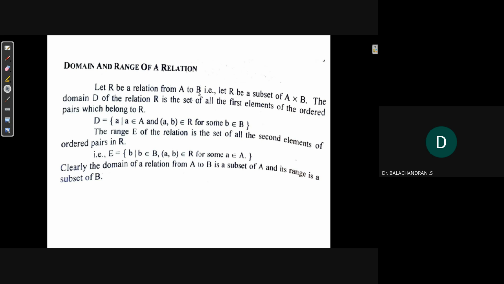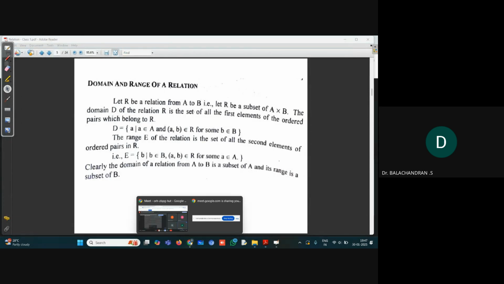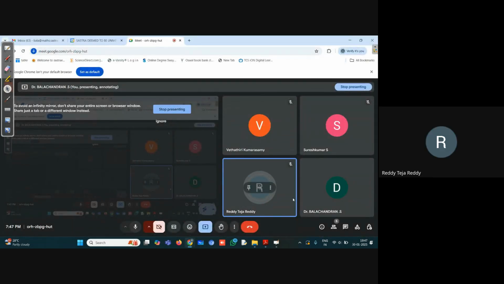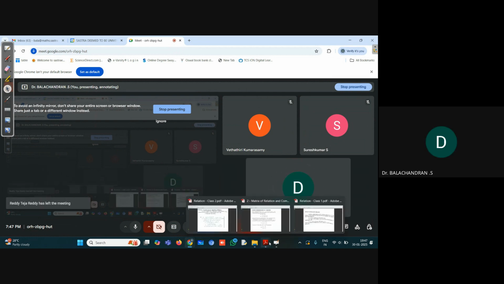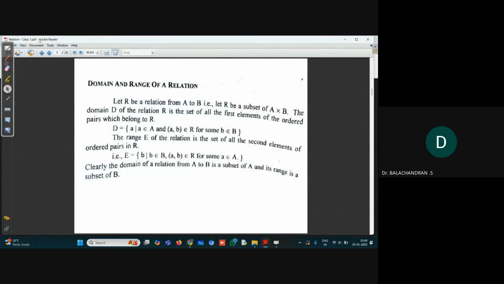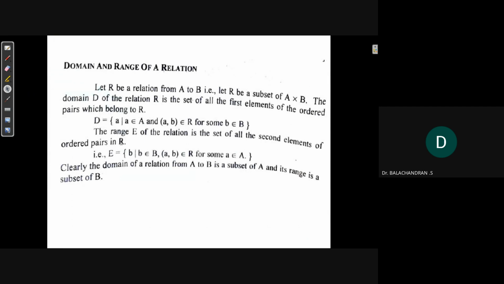Let R be a relation from A to B. Let capital R be a subset of A cross B. That is, a relation is a subset of A cross B.